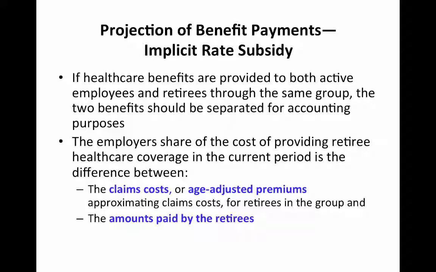That's a real benefit to them. But at the same time, it increases what the government has to pay for its current employees. And the difference between what it otherwise would have paid for those current employees if they were separately insured from the retirees and what the government is actually paying for them, that difference is the cost to the government of the OPEB for the retirees.